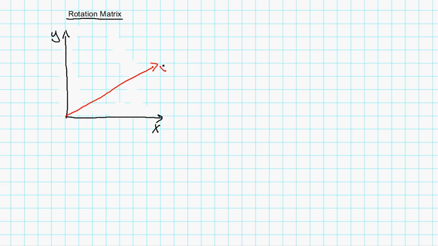We want to describe a rotation, and we describe the rotation in a coordinate system. So this is the coordinate system, x and y, and then we have a rotated coordinate system which is rotated by some angle, and this has not the coordinates x but x prime.